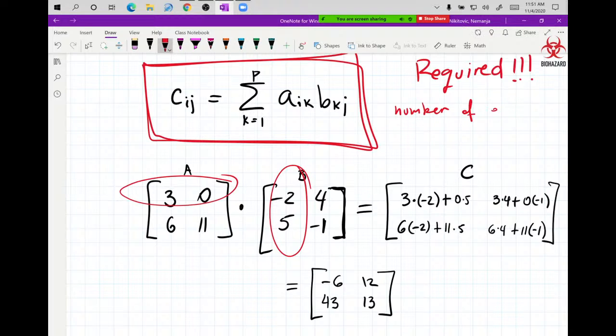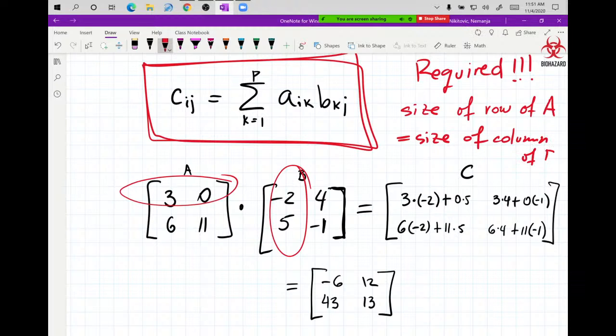I want to call them entries. How about size of row of A must be equal to the size of column of B. So they have to have the same number.